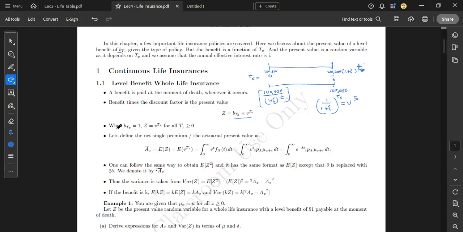So you can say in this occasion, it's a level benefit of $1. So if your benefit is 100,000, you just need to multiply 100,000 by this Z. It is the present value of a 100,000 benefit for this continuous life insurance. So that's easy.